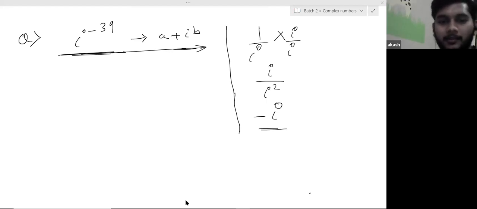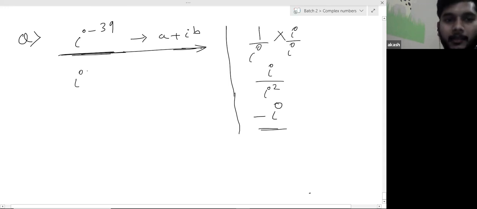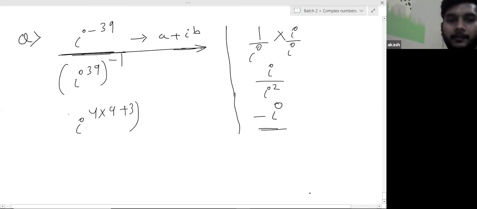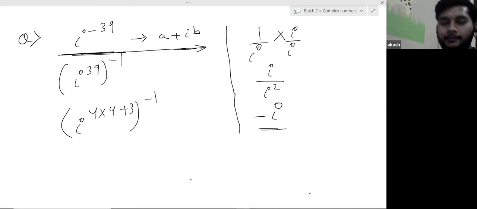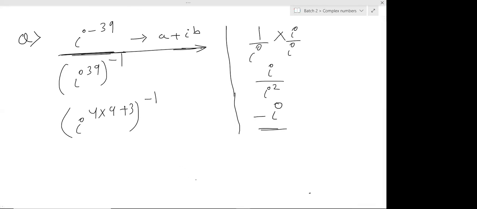Okay, let's see how to solve this. First, let's put this minus like this. Now to solve this, we can write this as 4 into 9 plus 3. Any doubts? No, sir.